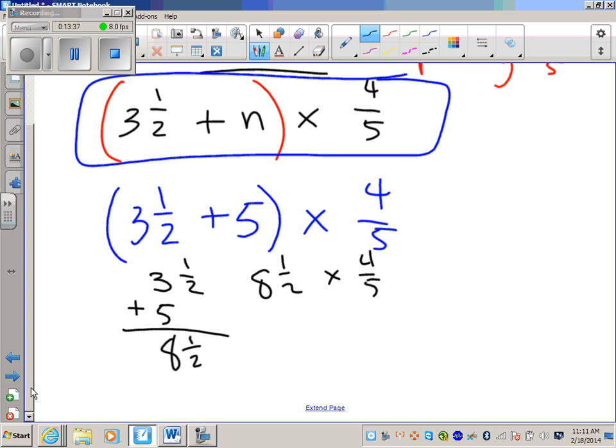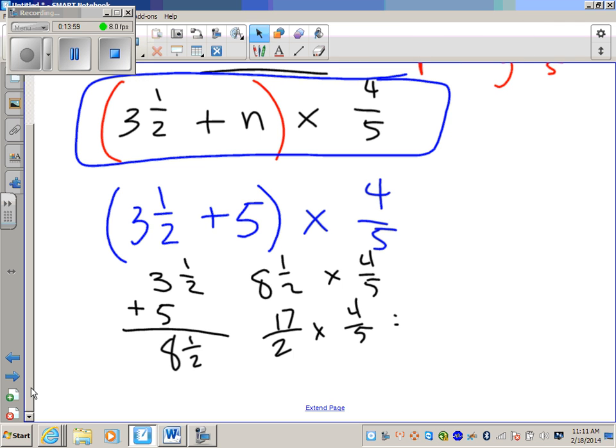Well, if I'm going to multiply fractions, everything has to be in fraction form. How am I going to put 8.5 into fraction form? Which is 16. Very good, Faith. 17 over 2 times 4/5.